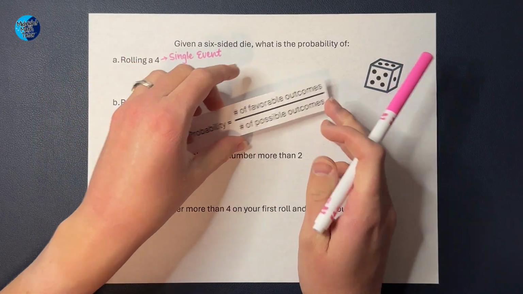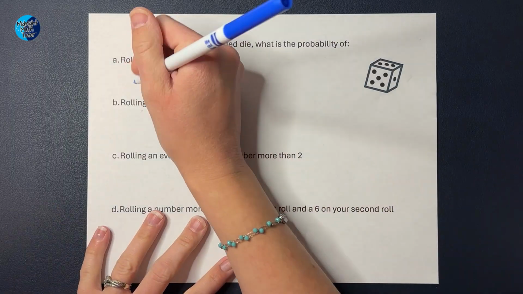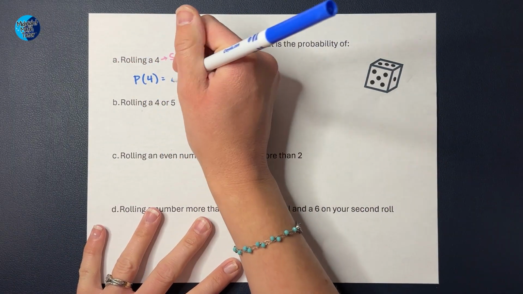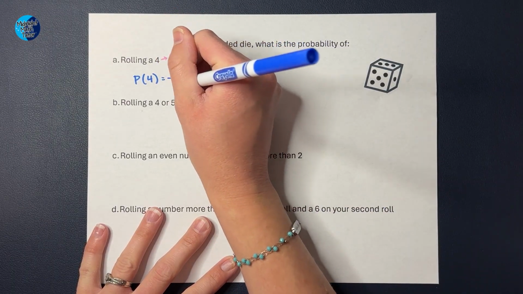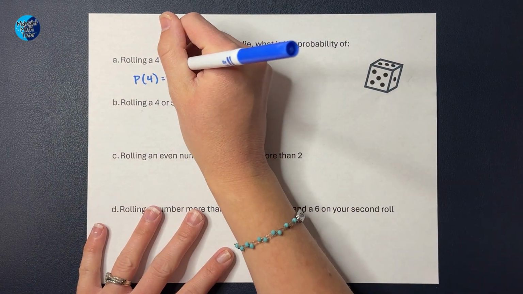So how many 4s are there on a die? Well, there's 1, right? So the probability of rolling a 4 is equal to, there is 1 4 on a 6-sided die out of 6. That's my probability right there.